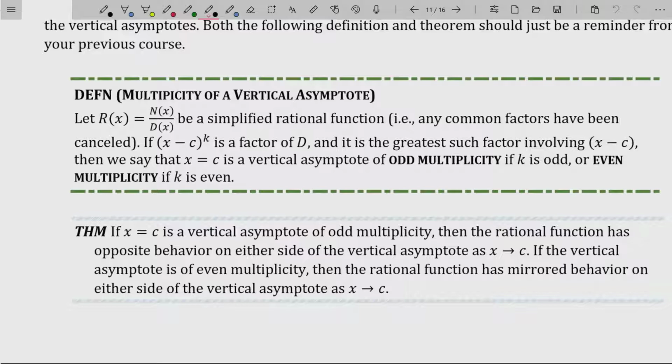If you can't make that x minus c to the 11th because there's not another factor of x minus c, then you've found the greatest such factor of x minus c. It's the 10th degree factor.